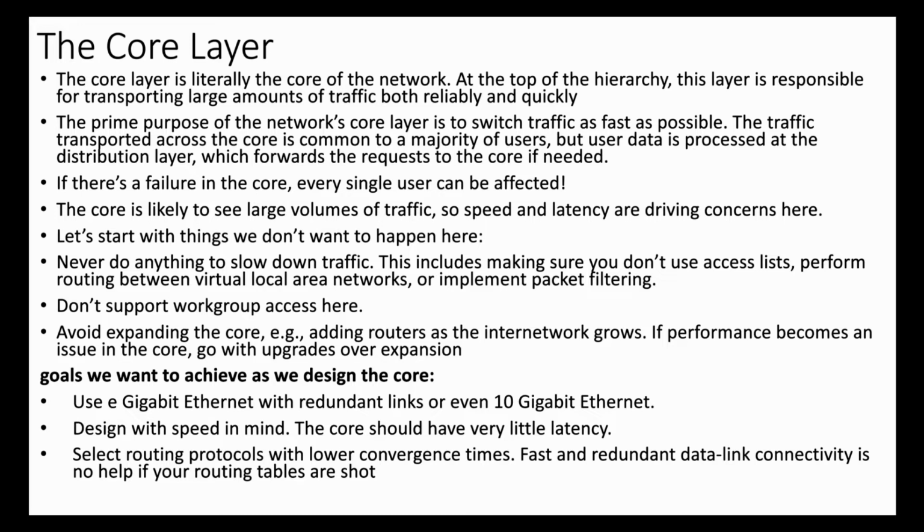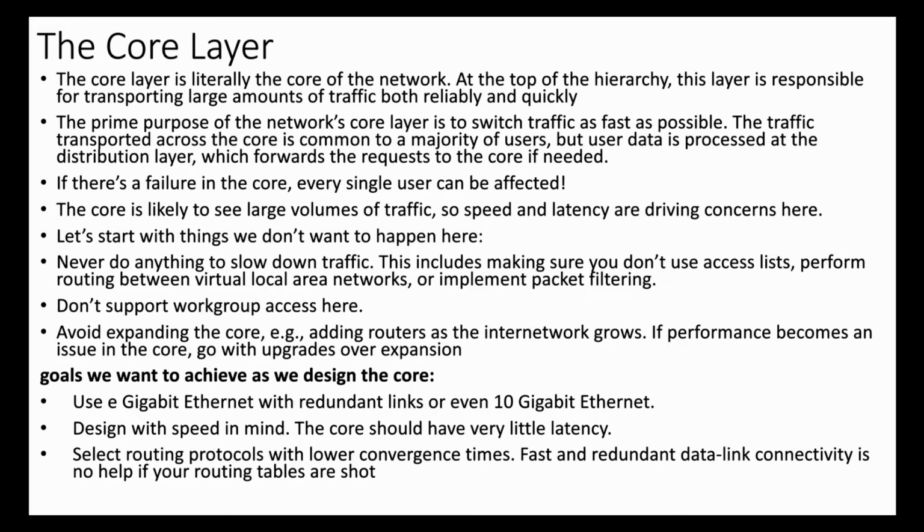Never do anything to slow down the traffic in the core layer. This includes making sure that you don't use access lists. An access list is to filter the traffic based on IP addresses or port numbers or specific things. Do not create virtual local area networks in the core layer or implement packet filtering. All these things should not be done in the core layer.